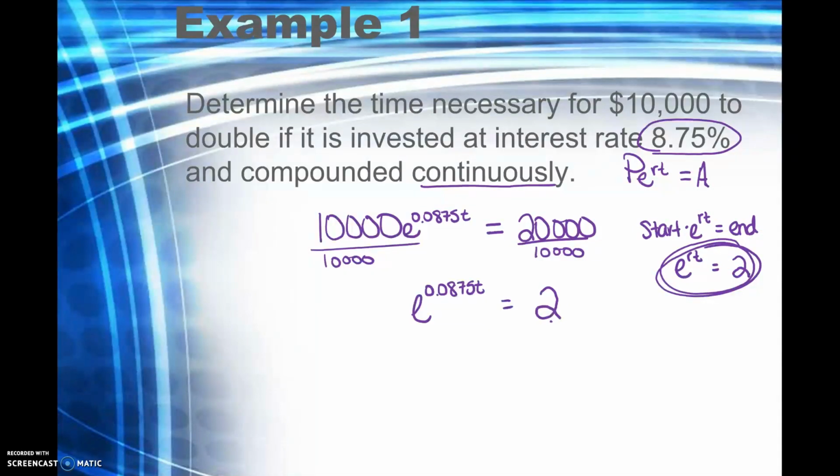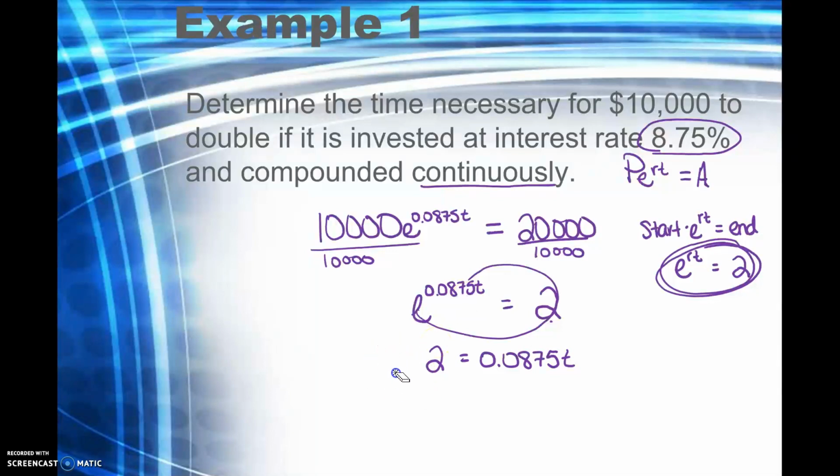Okay, what do we need to do to solve from here on out? We're stuck. We need to change forms. So 1, 2, 3, woo! We need log base E of 2 equals 0.0875t. What is log base E the same as? ln.